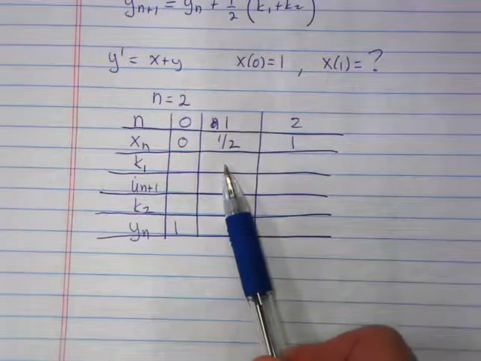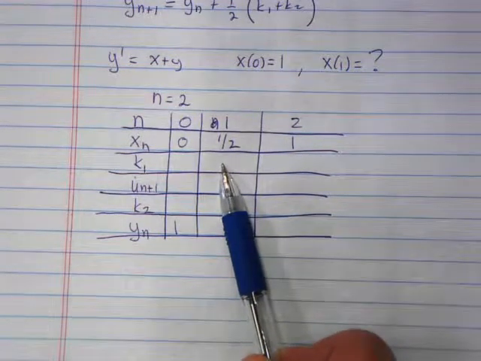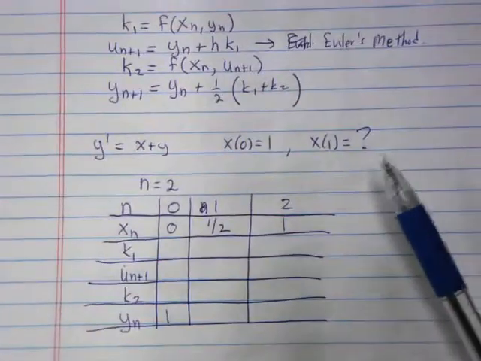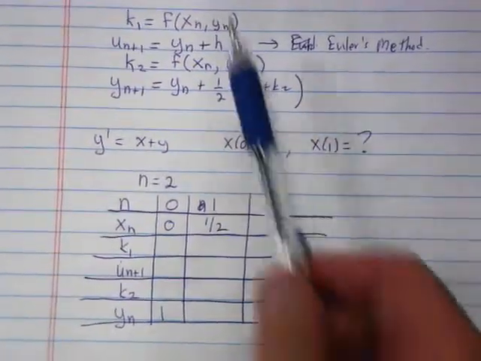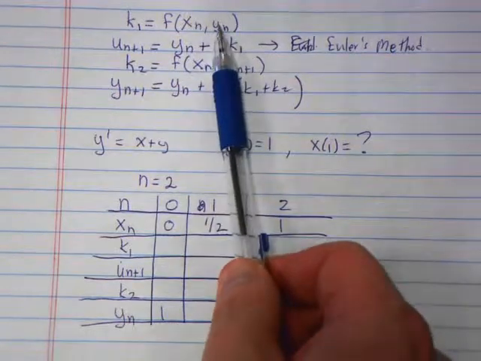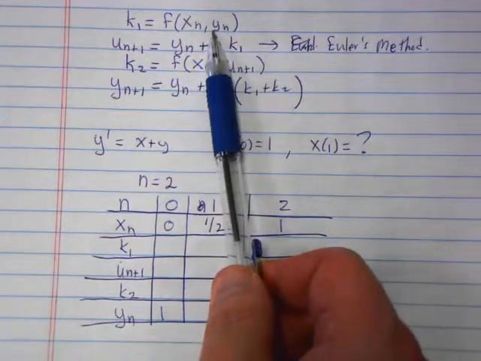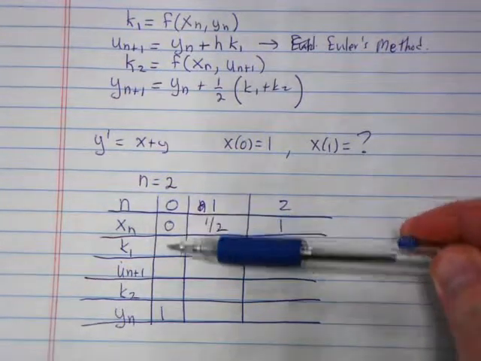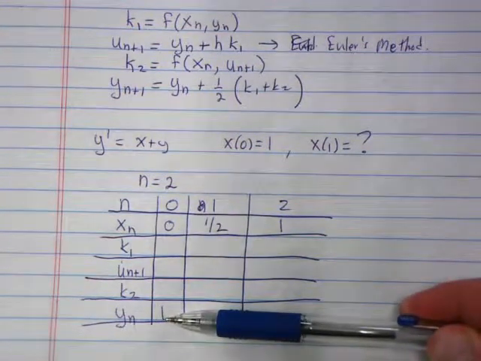So to find k1, I take x0, y0, plug it into my function. So k1 is x0 plus y0.